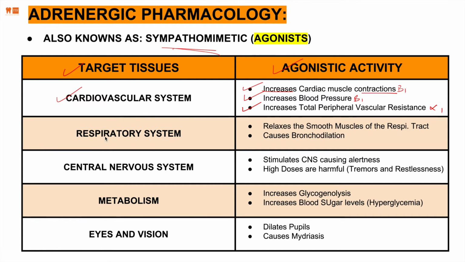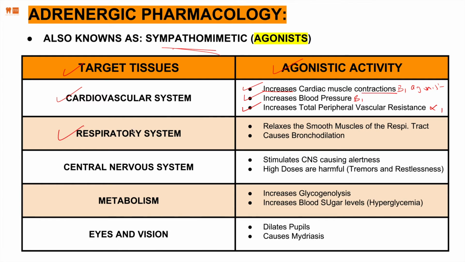So always link your receptors with the activity to train your mind into understanding the concept. So if I ever tell you that I have a drug that is beta-1 agonist, then instantly we know that, oh, cardiac muscle. If I say alpha-1 agonist, then we know, oh, it's PVR. These types of relations need to be made, you guys.